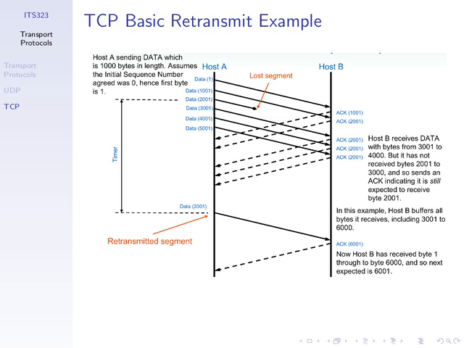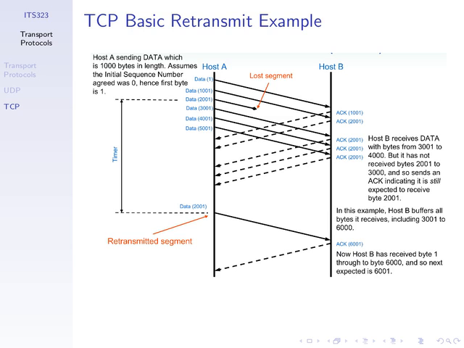First segment, sequence number 1, when it's received, B has received the first 1,000 bytes, 1 to 1,000. So everything's okay from B's perspective, because the initial sequence number was 0. If the initial sequence number is 0, the first piece of data expected should be 1. So that's okay.